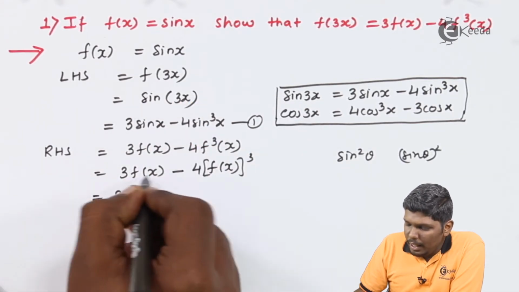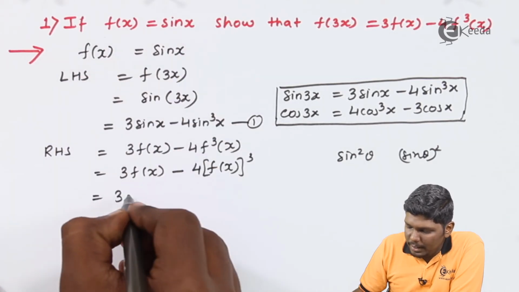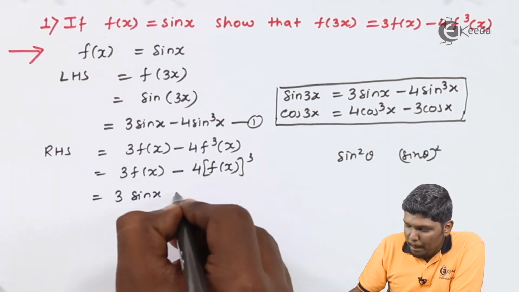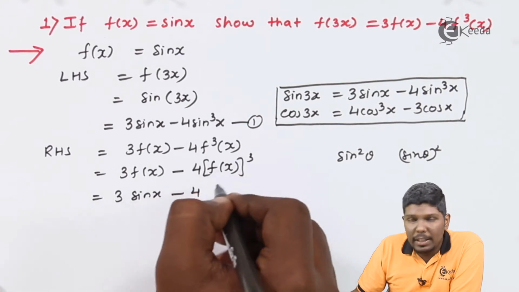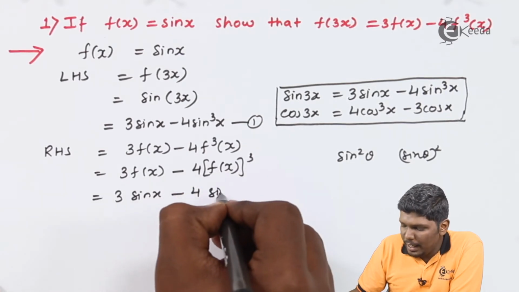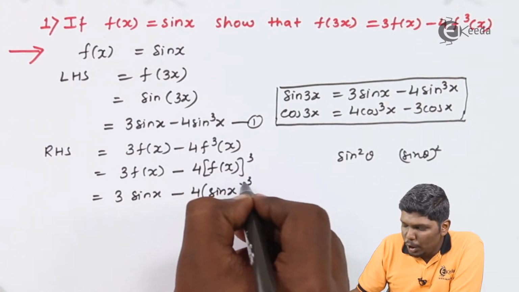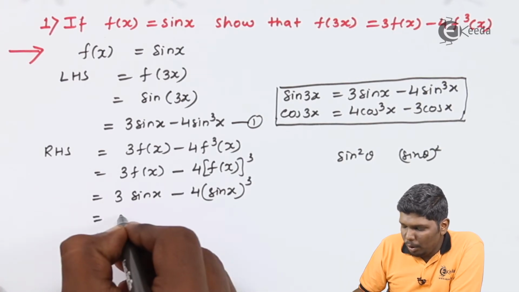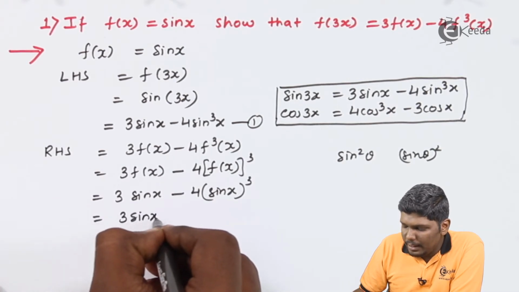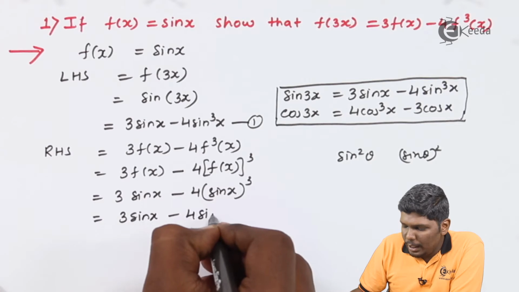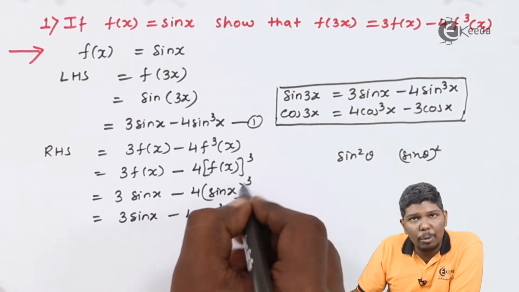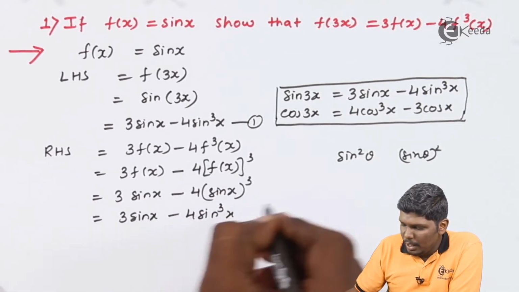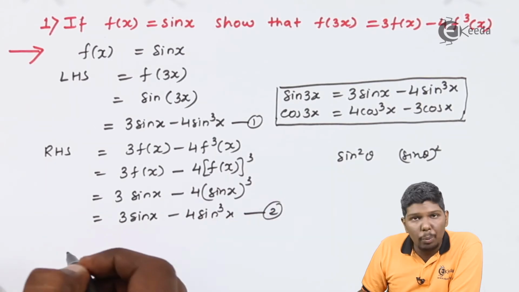So 3 f of x, what is f of x? f of x is sin x, minus 4 f of x the whole cube. f of x we have sin x and it is whole cube. Further on solving, we'll get 3 sin x minus 4 sin cube x. Sin x the whole cube is nothing but sin cube x. So that can be taken as equation number 2.